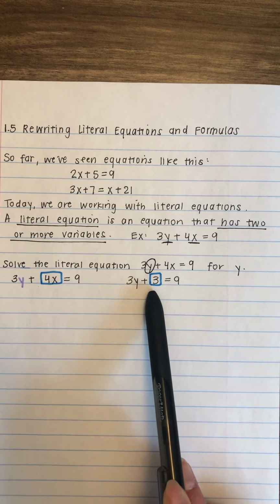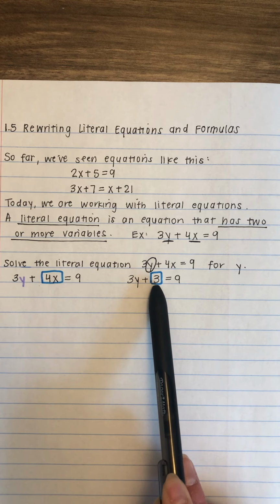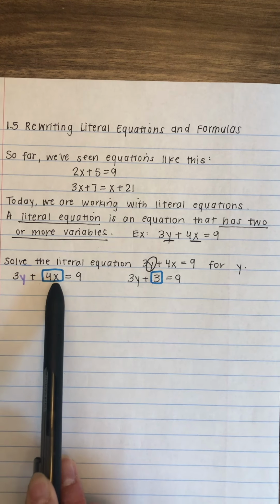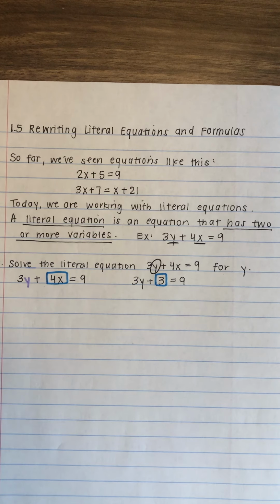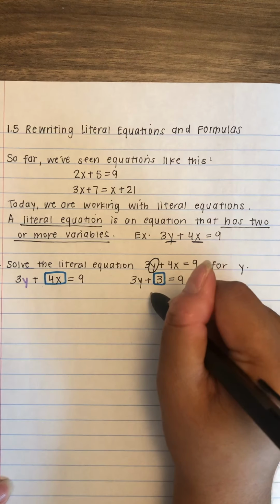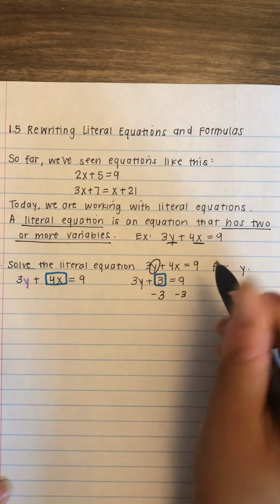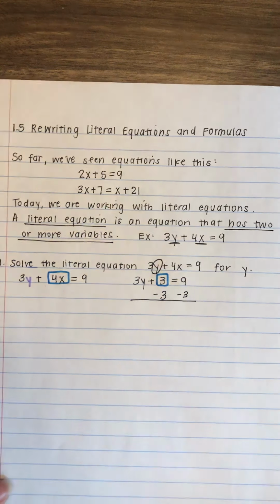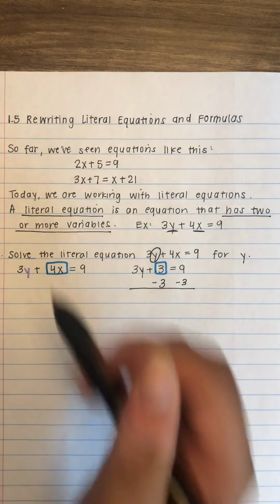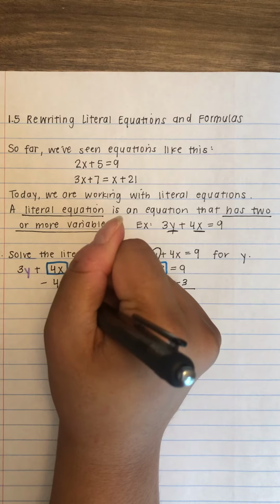So we're used to seeing this term as being a constant. Now we're just having a term that's a constant times a variable. So just how we would solve this equation, how our next step would be to subtract 3 from both sides, we're going to do the exact same reasoning, and we're going to subtract 4x from both sides in our literal equation.